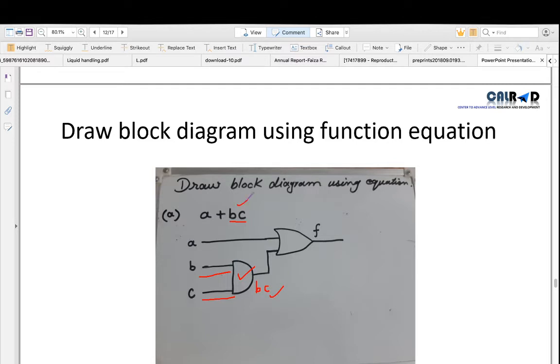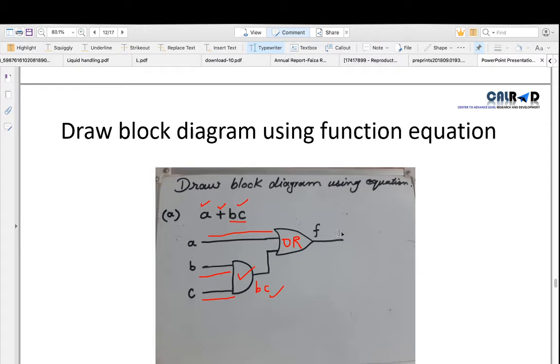Now we have B into C. To this we have to add A. So what do we have to do if we want to add A? We have to use this OR gate. This OR gate is used to add our third input, that is A. So what will be the output for this?